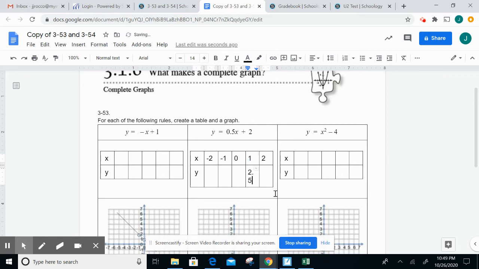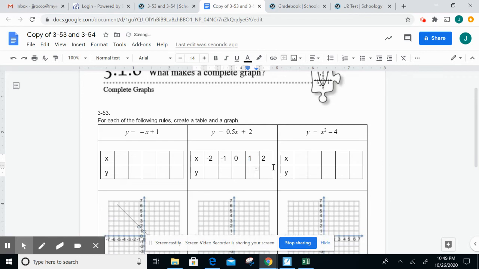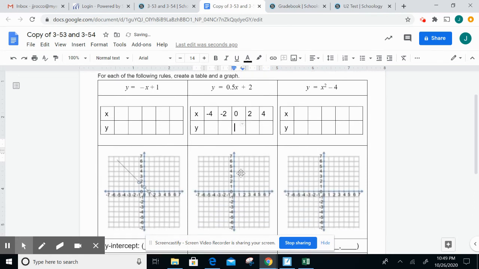You'll be dealing with decimals. If you want to avoid decimals on these, think about what you're multiplying by. You're multiplying by 1/2 or dividing by 2. So as long as your numbers are even, you'll avoid those, and that's totally fine.